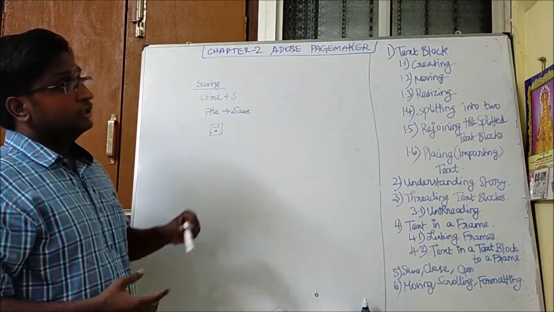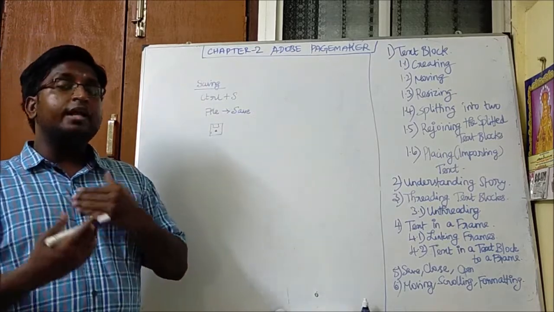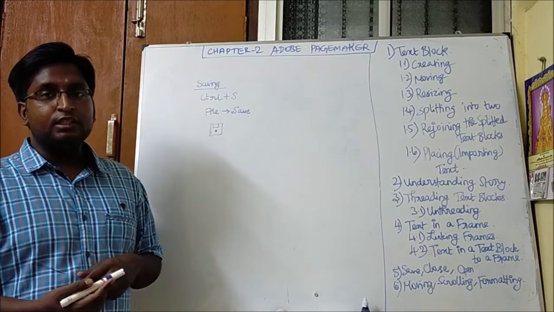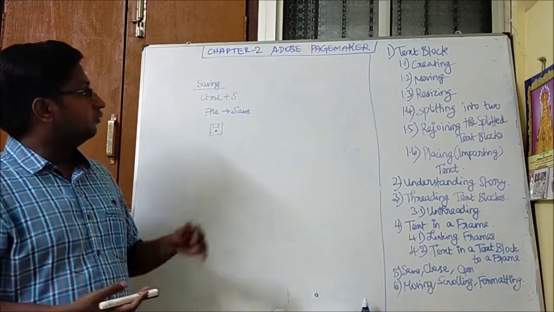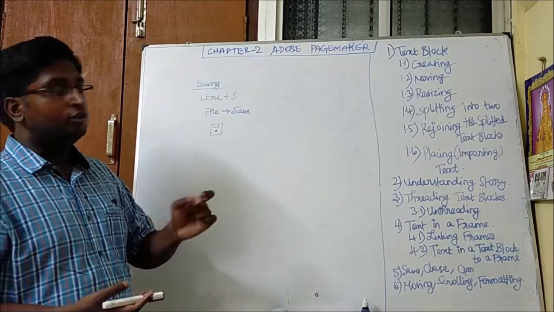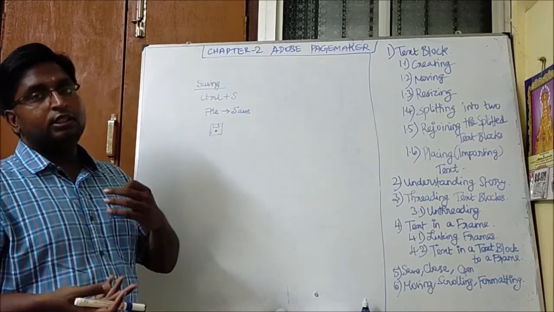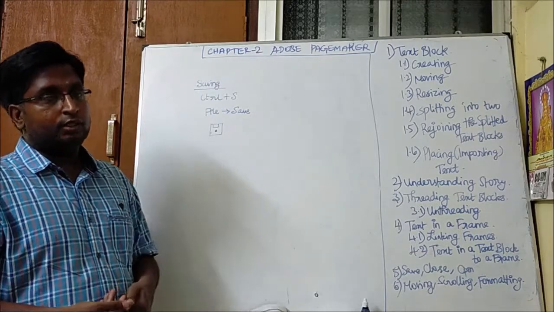By doing this, you are overwriting the existing document. For the first time, it will ask for the new name. For the second time and the upcoming times, it will never ask for the new name. It will overwrite the existing already saved document.